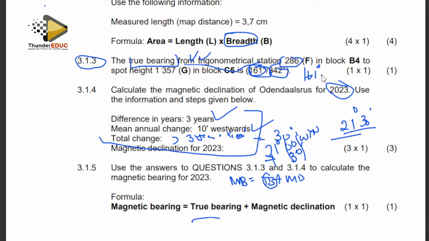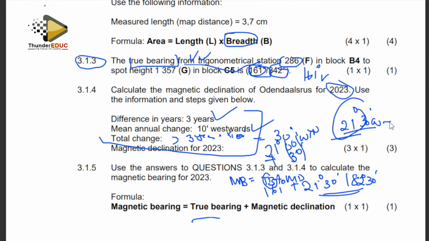TB is the answer you got here, which is 161 degrees, plus the answer you got in 1.4, which is 21 degrees 30 minutes. Degrees go with degrees. So 21 plus 161, you get 182 degrees. The minutes remain 30 minutes. And then you go on.